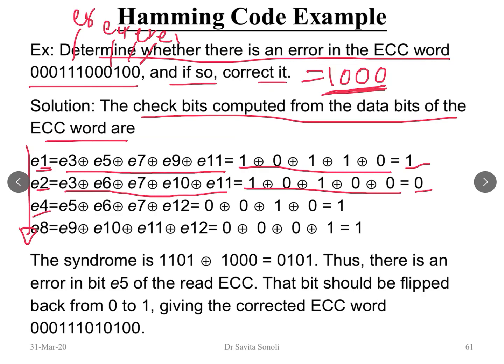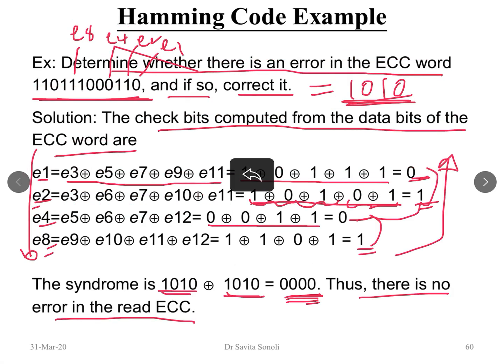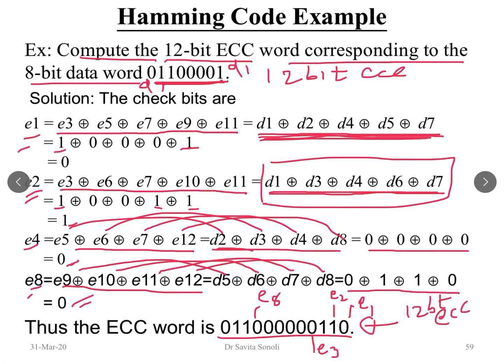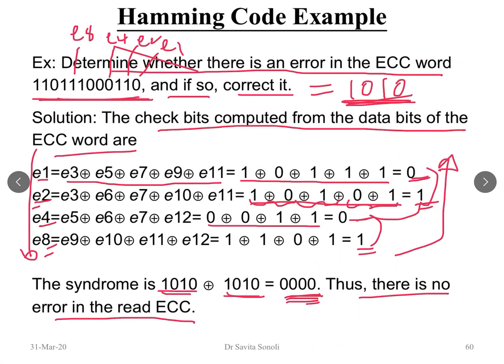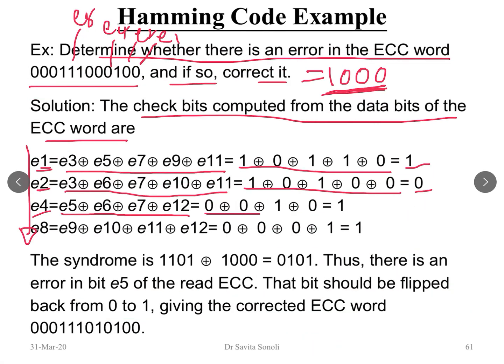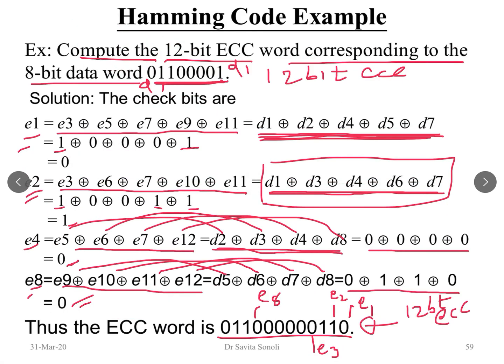The next E4, it is XORing of E5, E6, E7 and E12. Nothing but D2, D3, D4 and D8 XORed. So what you are going to get? This value you are going to get as 1. Then what is E8? E9, E10, E11 and E12, nothing but our D5, D6, D7, D8 bits will be XORed.